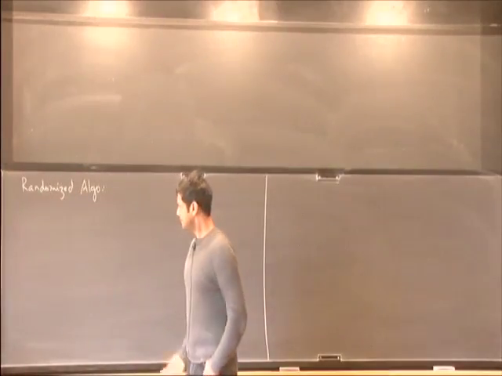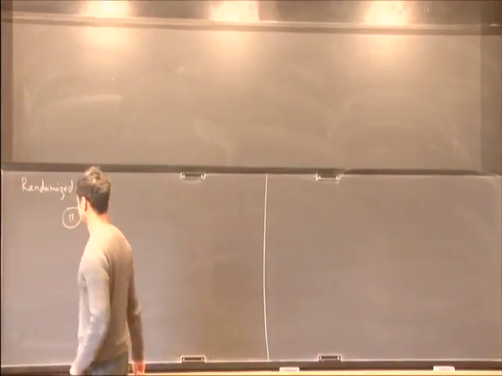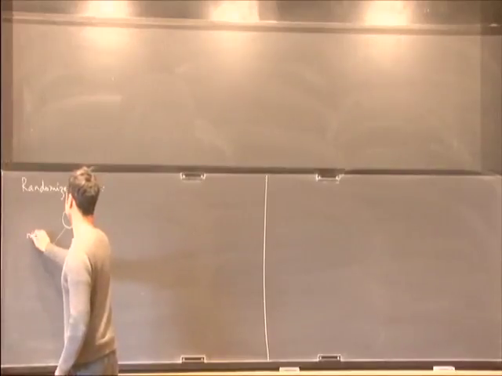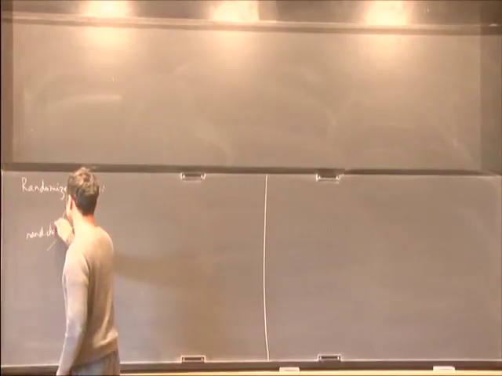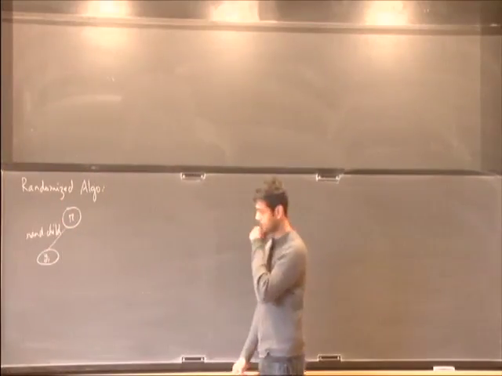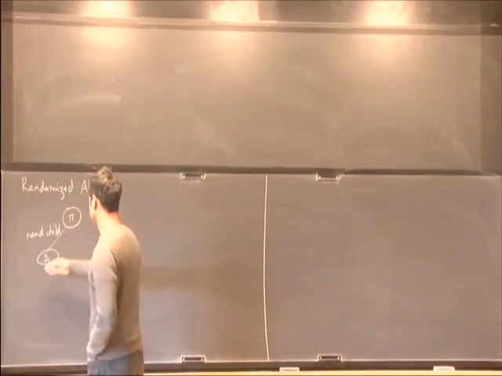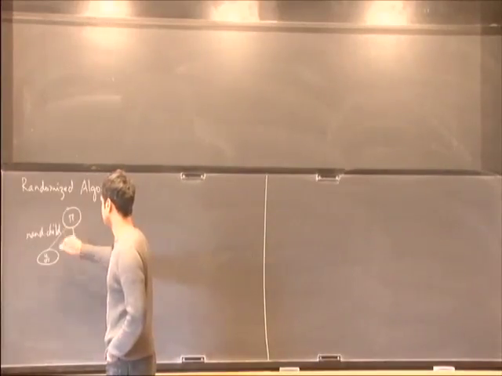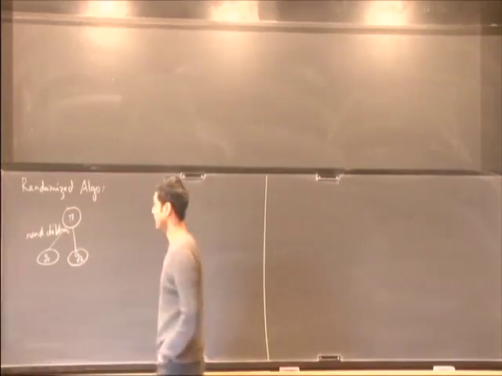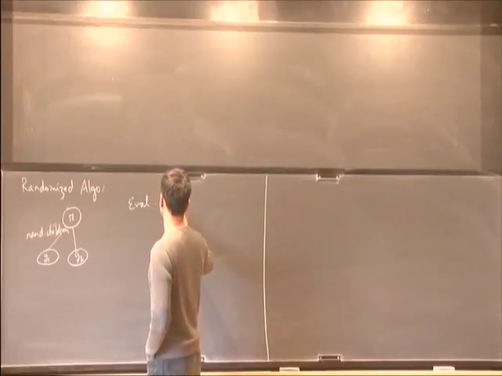What's the randomized algorithm? Well, if you want to evaluate the root, you pick a random child of it. Let's call it y1. And then you don't just pick one, you pick 2 random children. So let's say y1 and y2. You evaluate y1 and y2.